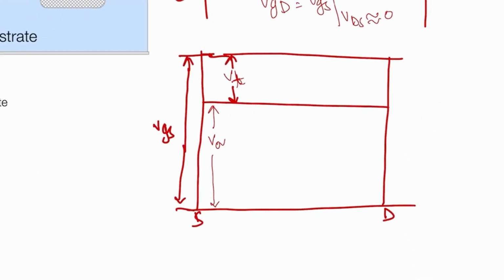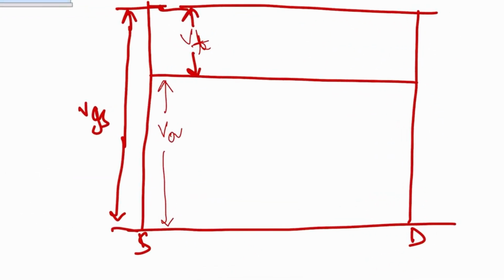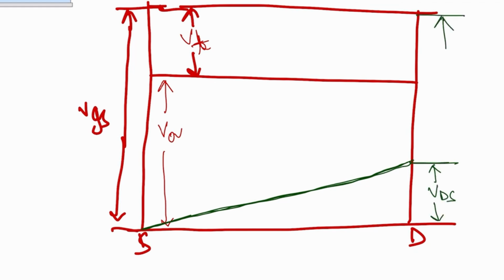So I will do a similar thing here. This is the new channel when we increase the voltage. So that means this is the VDS. Then what will happen?